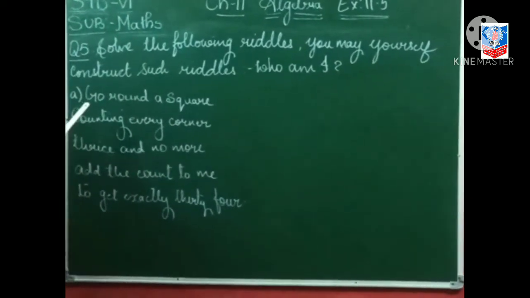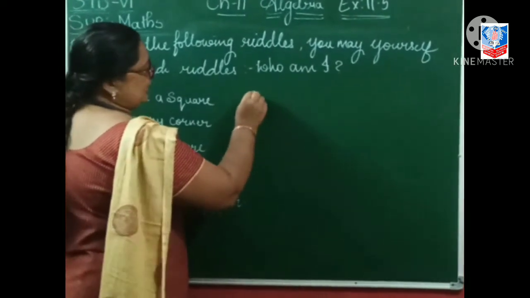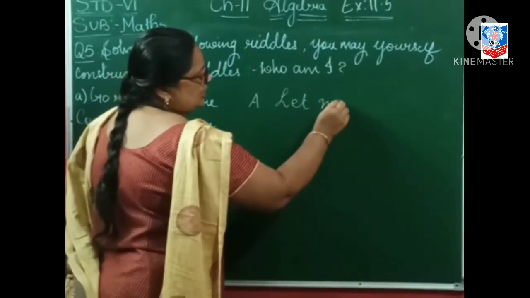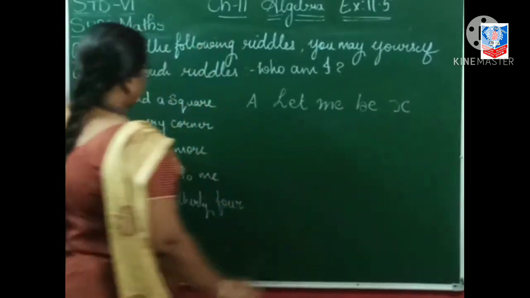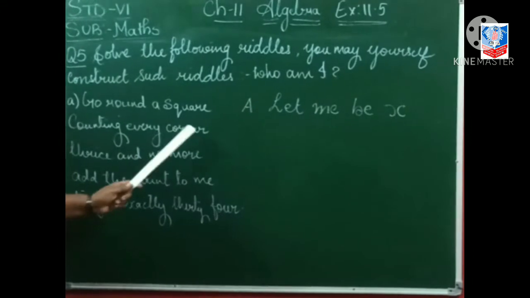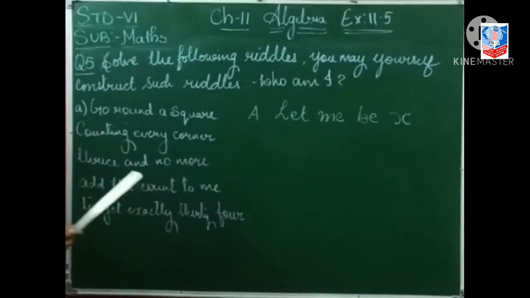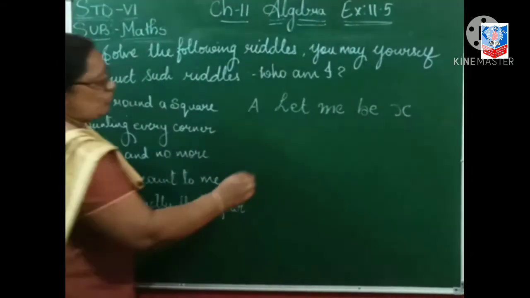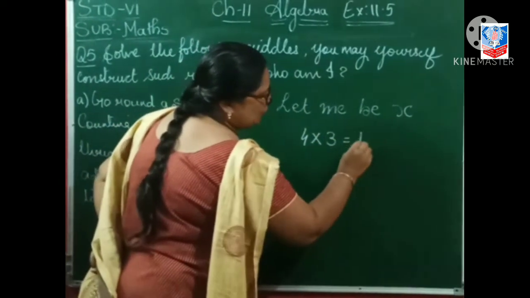So first let us write, let me be x. Next, go round a square, counting every corner thrice and no more. So a square has 4 corners and count thrice. So 4 into 3 is equal to 12.